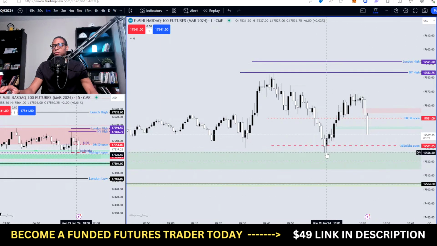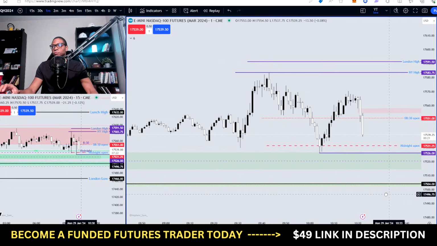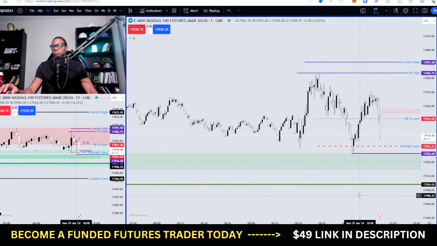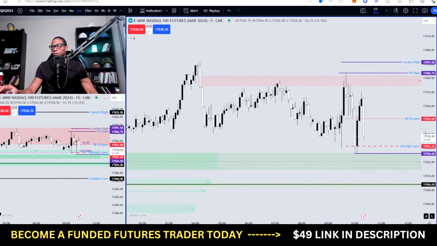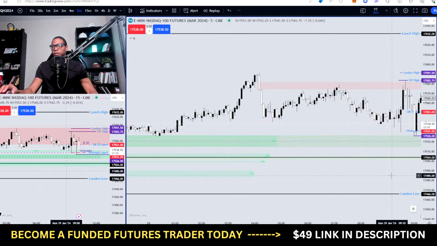Relative equal lows again. Let's go back up to the 5 minutes since I'm not looking at entries right now.